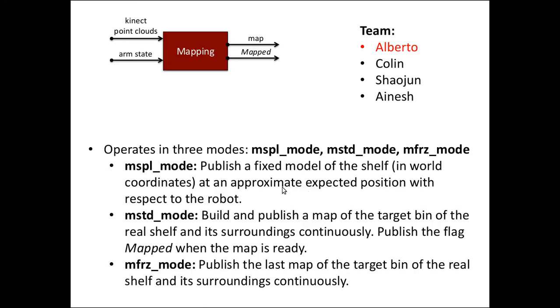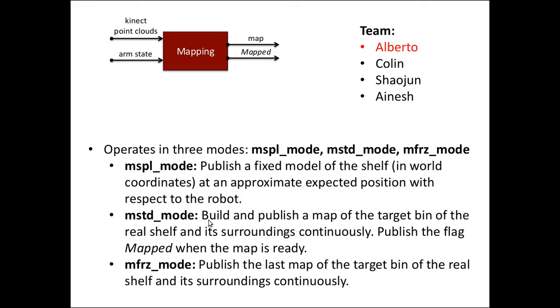So in this mode of operation, it will only publish, for example, a snapshot taken from the shelf in the past. It's not an online snapshot of the shelf. In standard mode, this model will build and publish a map of a target bin of the shelf and its surroundings continuously.